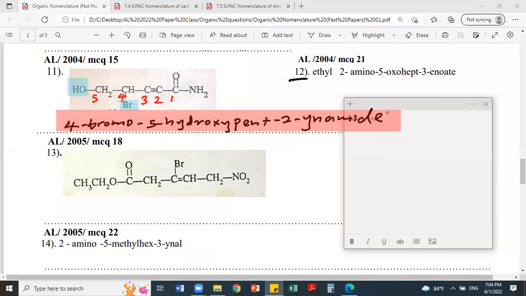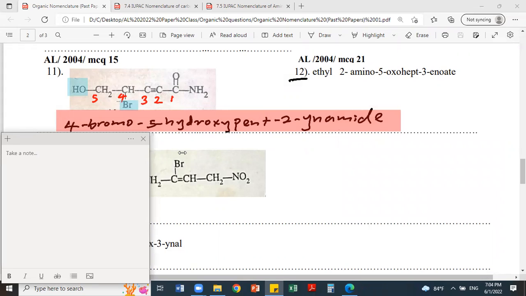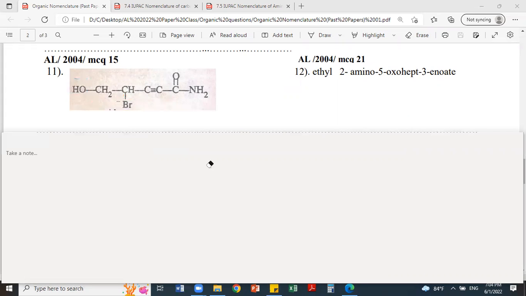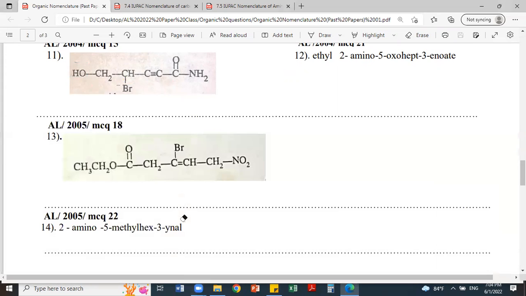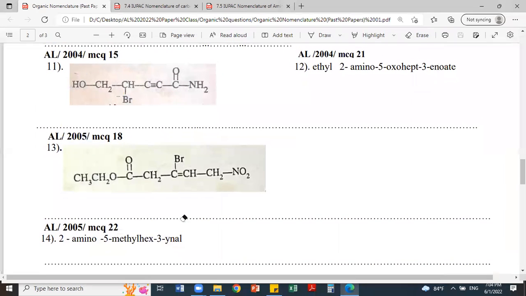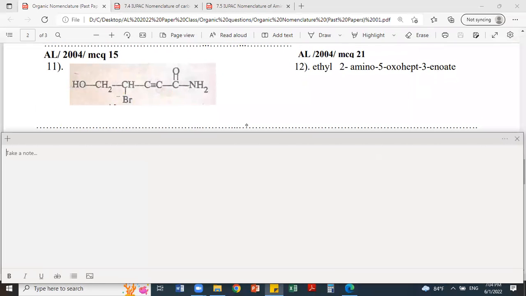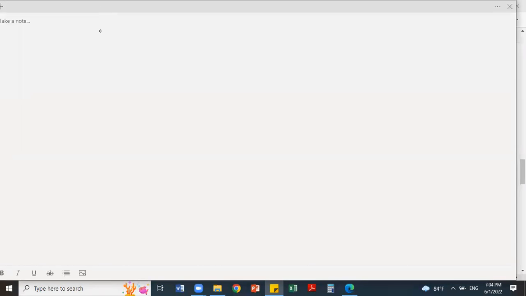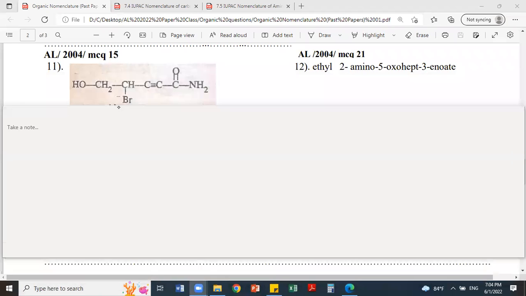You can post the answer on chat if you want. That's alright. It's your choice. Either you can annotate on this white screen for the 12th one, or post the answer on chat, or I can give you permission to share your screen also. Which one do you prefer?